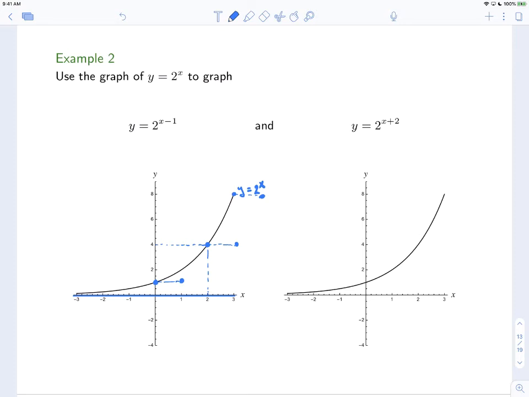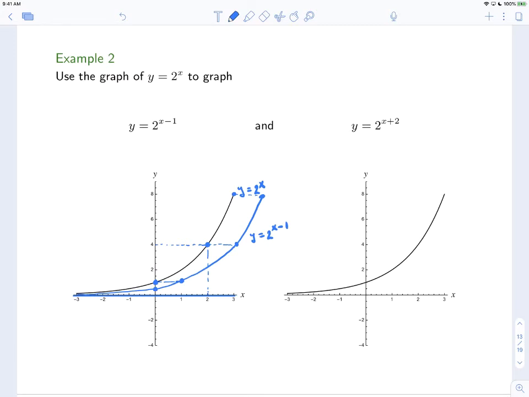And so that gives us our graph. Now the horizontal asymptote is still the same. So it's still not going to cross this x-axis. So we're going to connect the points something like this. There we go. And this is y equals 2 to the x minus 1.